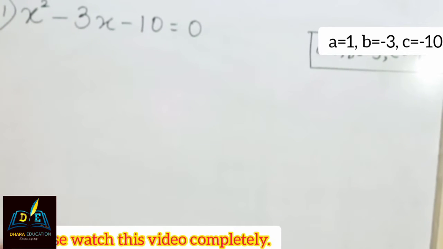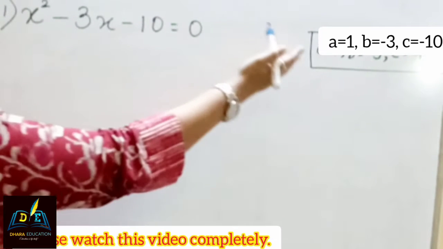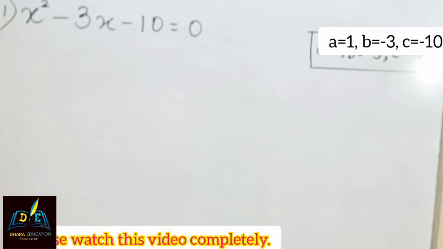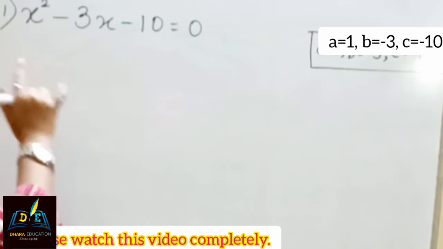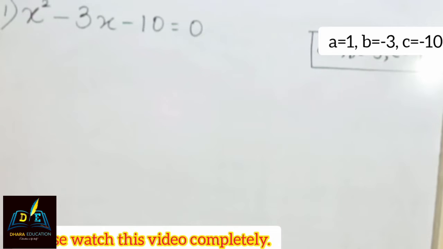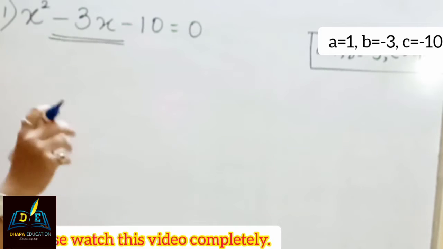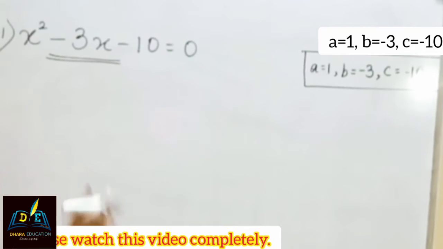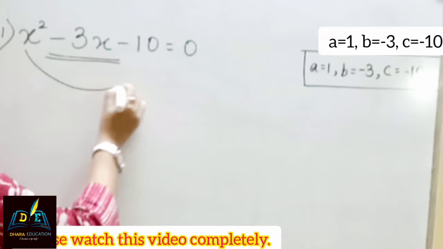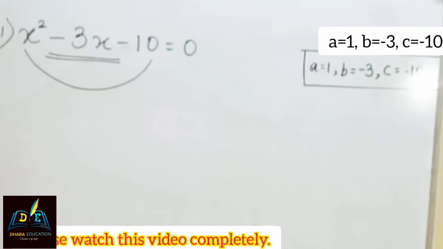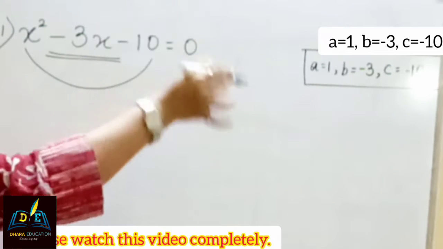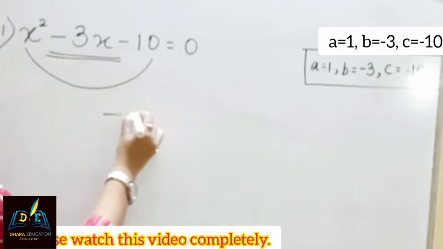So students, now what we have to do, as I have already written over here for your understanding. We need to make it possible so that the middle term comes out in that particular equation. It means that the first term will be multiplied with the last term, that is 1 multiplied by minus 10 gives you what? Minus 10.